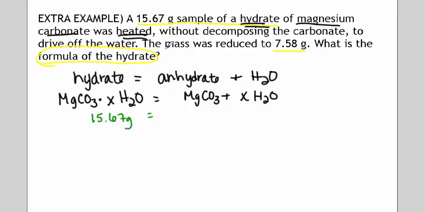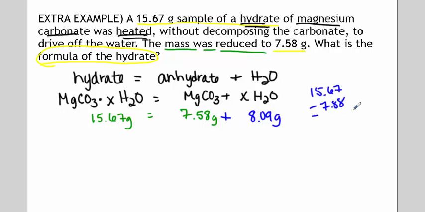Then it tells us that the mass was reduced to 7.58 grams. That's the mass of the anhydrate. We can't really measure the mass of water coming off, but we can measure the mass of the anhydrate that is left. So we subtract to find the mass of water. 15.67 minus 7.58 gives 8.09 grams of water.